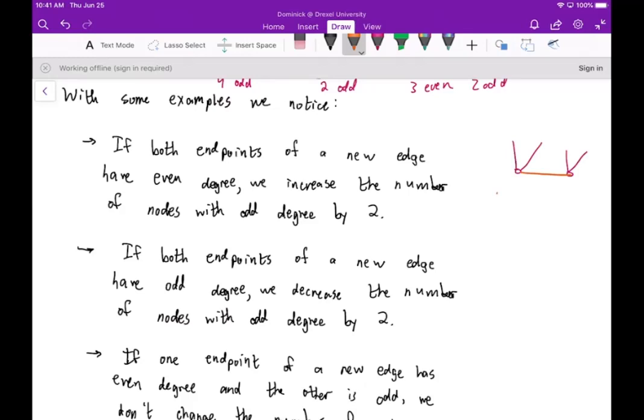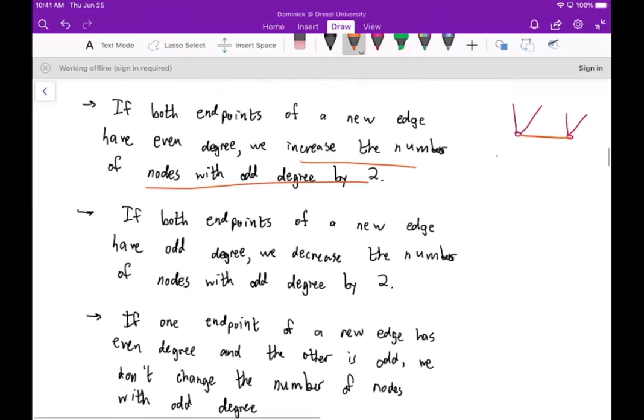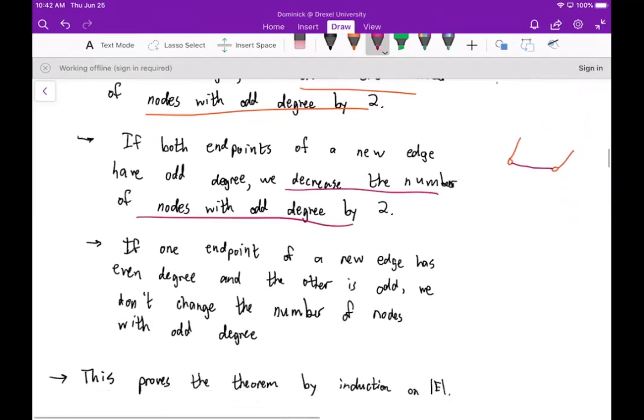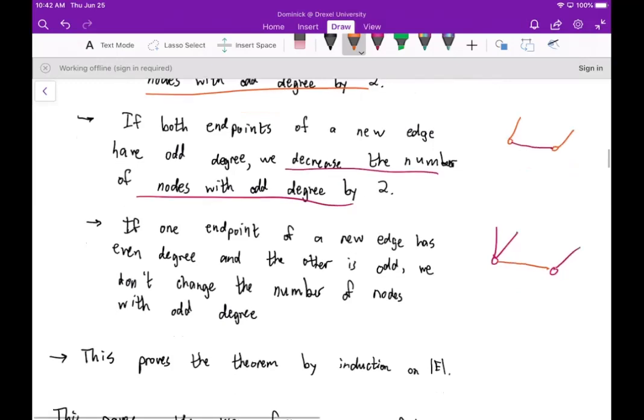So then you're increasing the number of nodes with odd degree by 2 in that scenario. Now, if both endpoints of a new edge have odd degree, and we connect them, then both of those odds are now even, and we now decrease the number of nodes with odd degree by 2. Now, if one is even and one's odd, and we connect them, then we don't change because the odd one became even and the even one became odd, so we're not changing the number of nodes with odd degree.